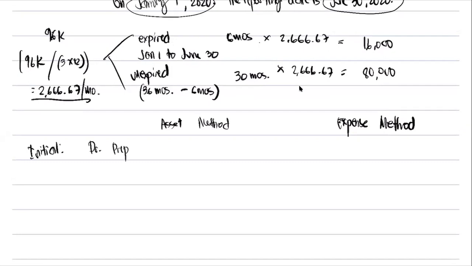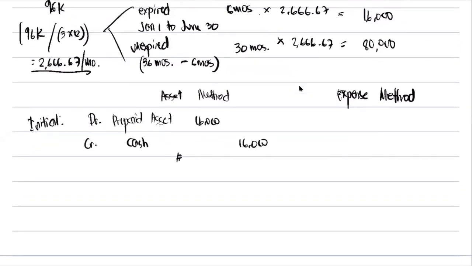So we debit a prepaid asset and we credit cash. In our adjusting, we need to credit the prepaid asset, and we need to recognize an expense.